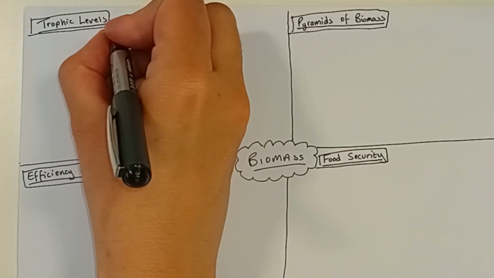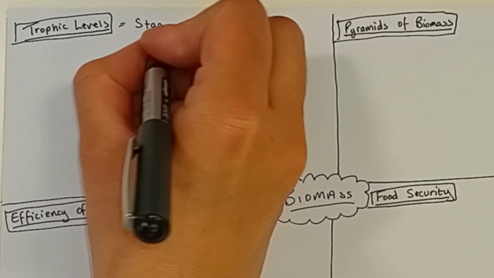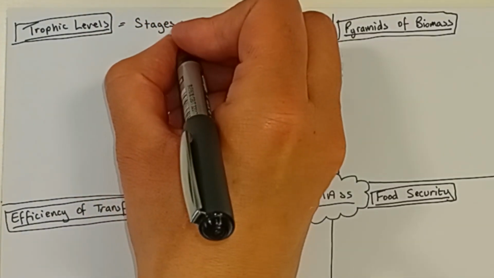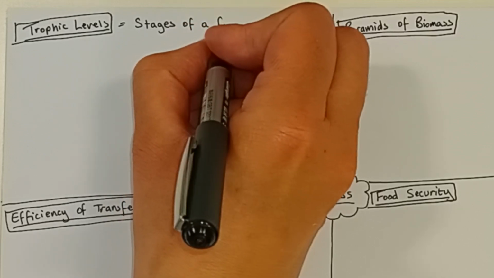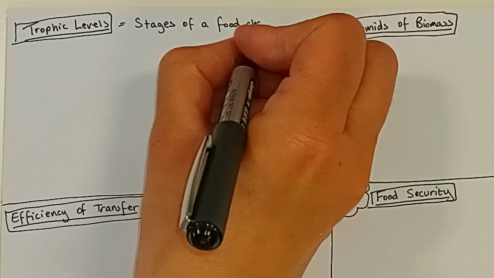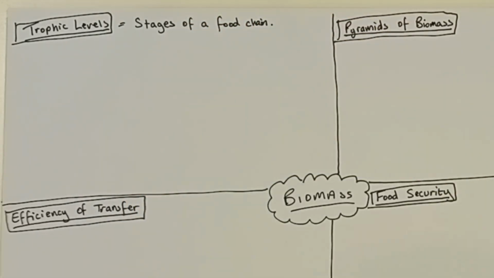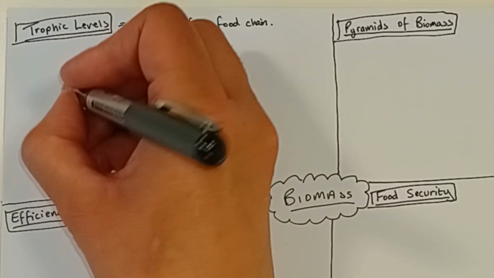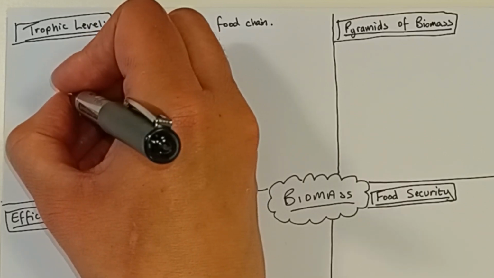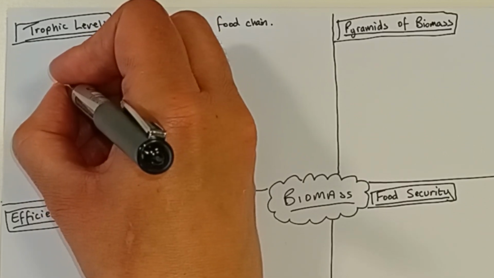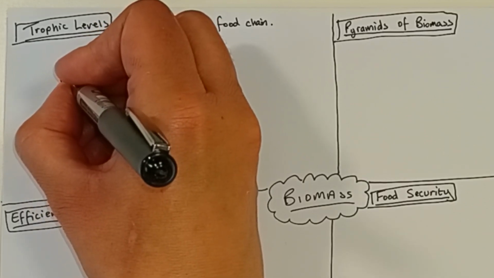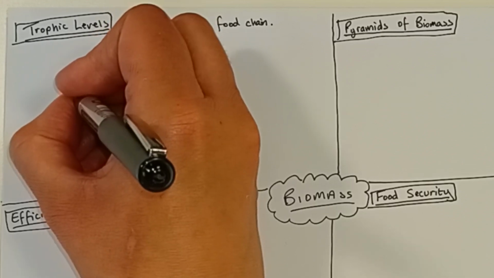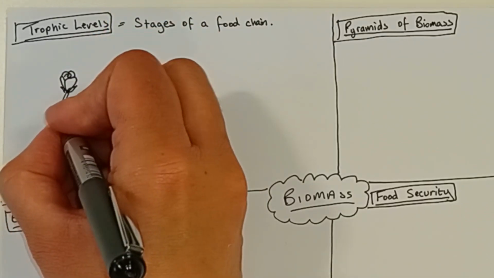Trophic levels then just means the stages in a food chain. And so if we were to draw a simple food chain, I'm going to draw a rose plant. So we've got a rose.